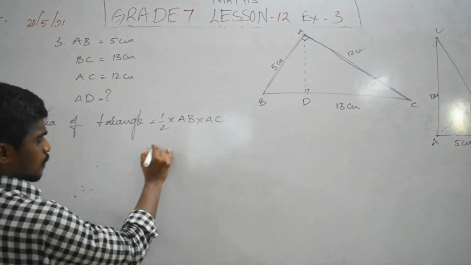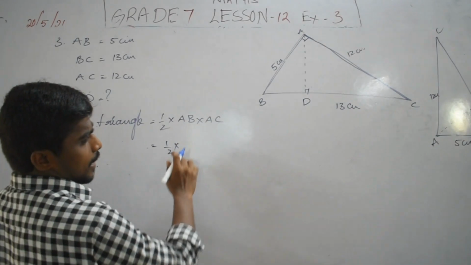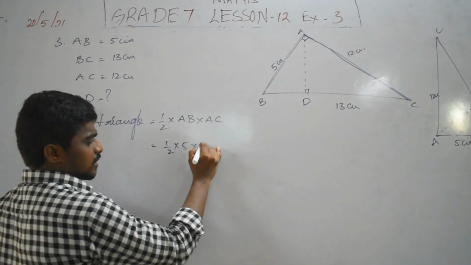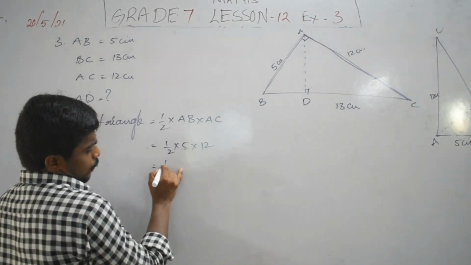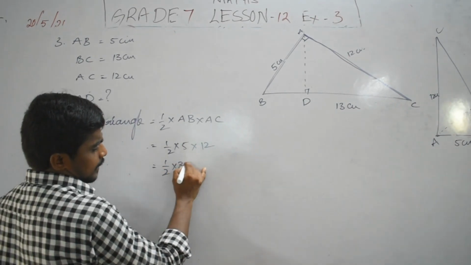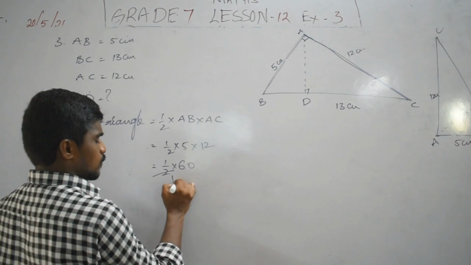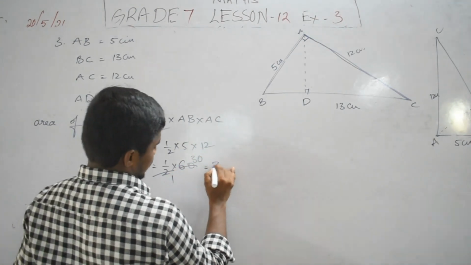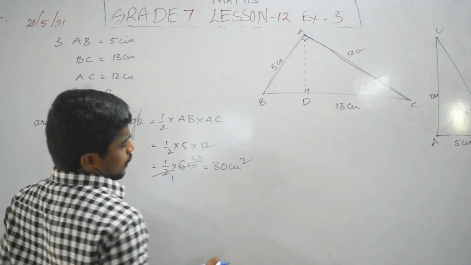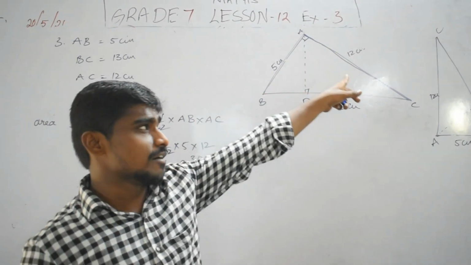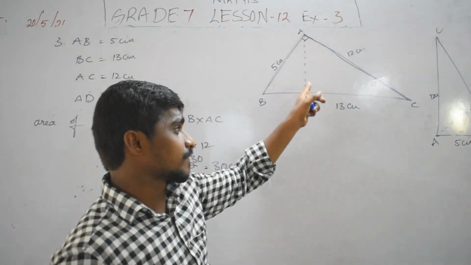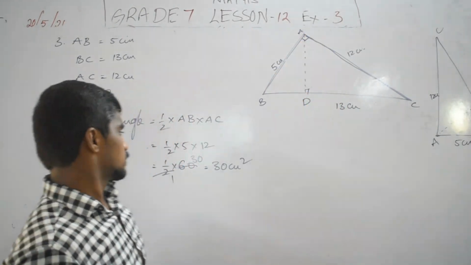So here 1/2 times AB 5 times AC 12. So 1/2 times... sorry, 12 times 5 is 60. Half of 60 is 30 centimeters square. Now area we know. So what is the length of the AD?